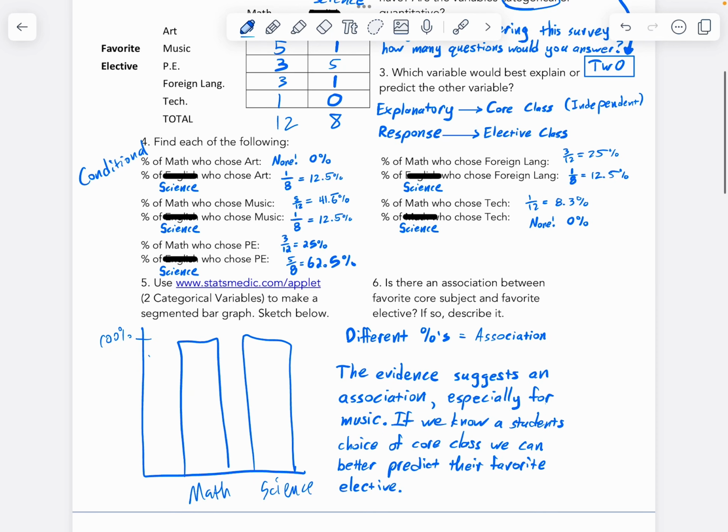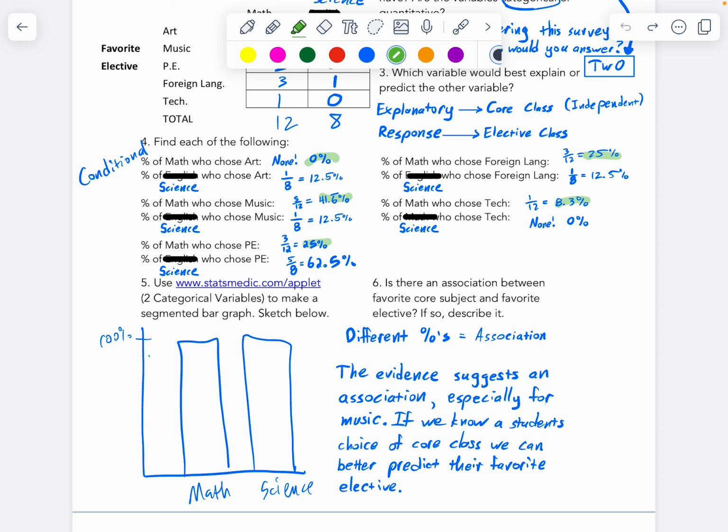And I would essentially be taking all the math percentages, these 5, and trying to put them into that first bar, right? So nobody chose art.